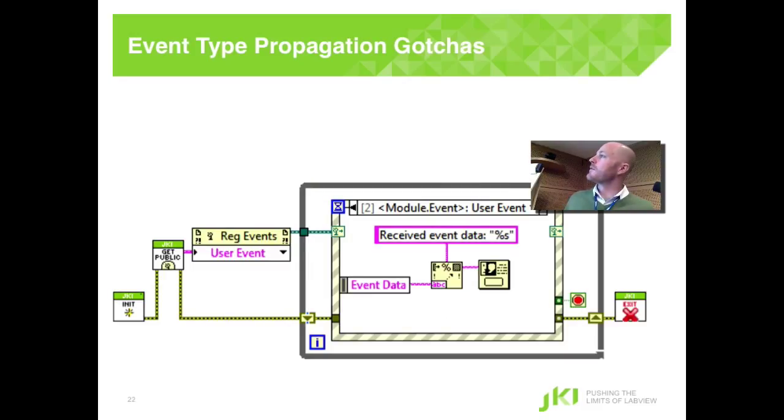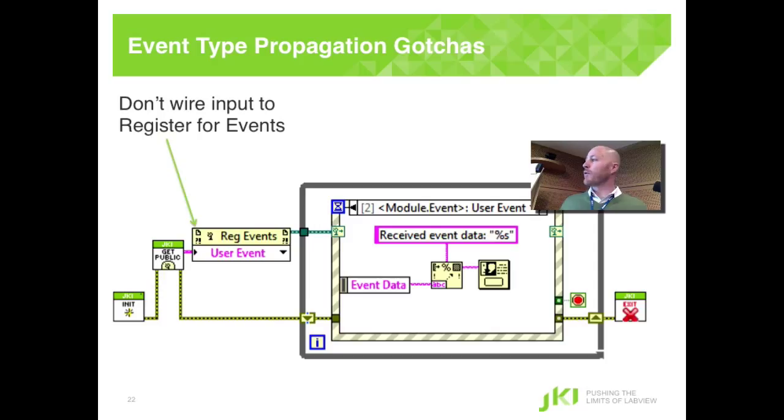So the first gotcha to be aware of is around event type propagation. In order for the automagic stuff to happen, where when new event types and data changes occur at edit time, the type propagation needs to flow freely from the event registration into the dynamic events terminal.